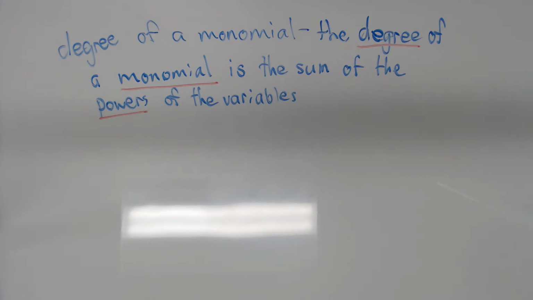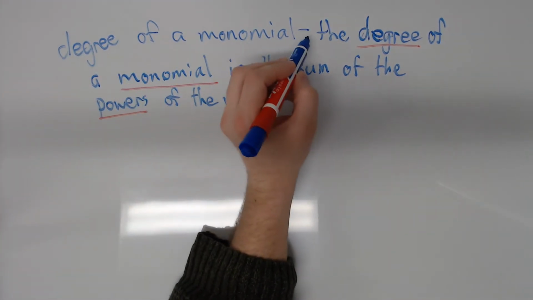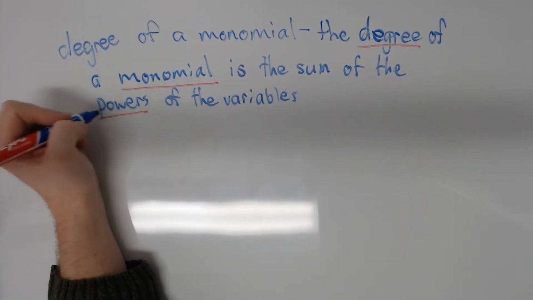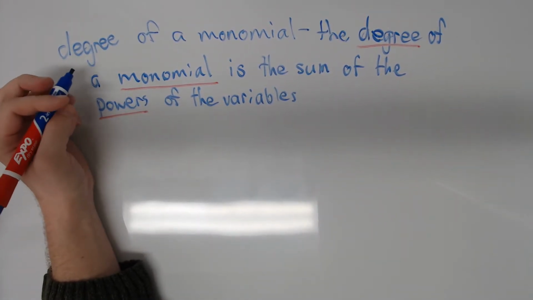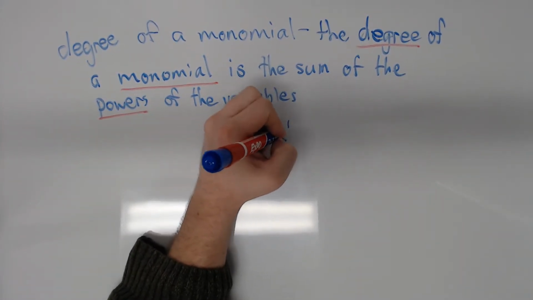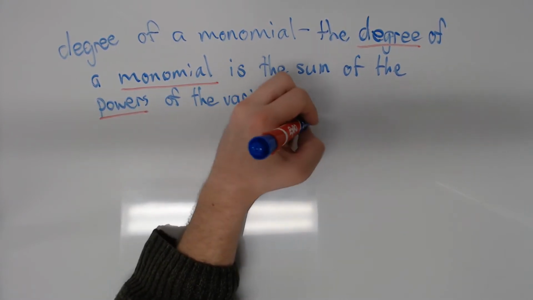Next vocab term, first thing we use to classify a polynomial is its degree. So the degree of any single monomial is the sum of the powers. All right, so I'll give you a little chart in a second, but I can have multiple variables. So I can have x to the first power, or just x, and then y squared.